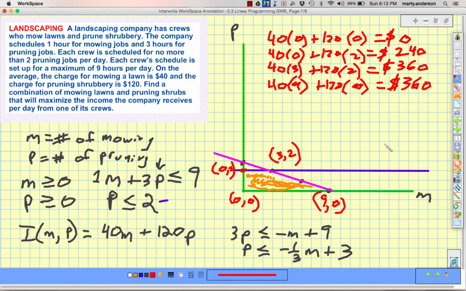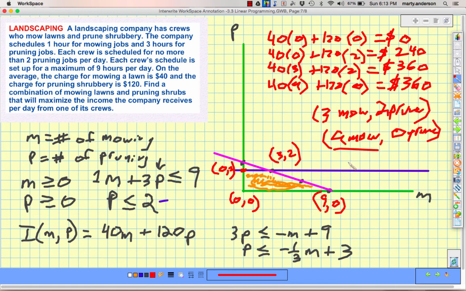In this case, we want to maximize the income, so we can maximize it with 3 mow and 2 prune, or we can maximize it with 9 mow and no prune, but now we have limited ourselves to being one-dimensional. So even though both of these achieve a maximum of 360, it would probably be best to have more than one thing going for us, which will attract more business, but more on that in some sort of business course.